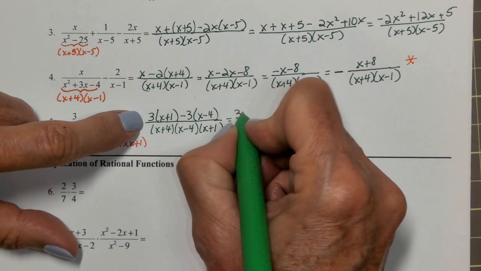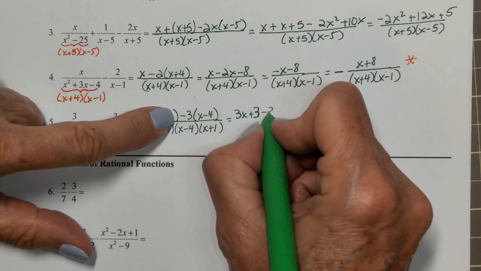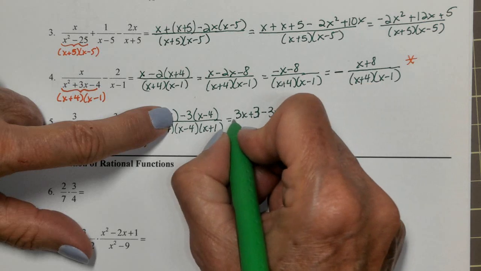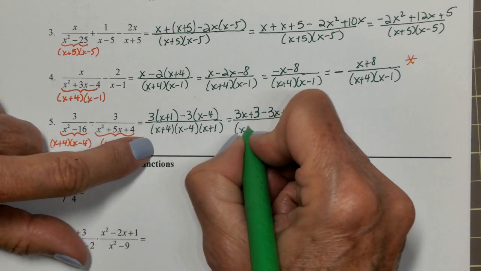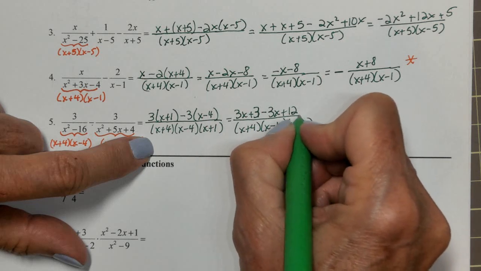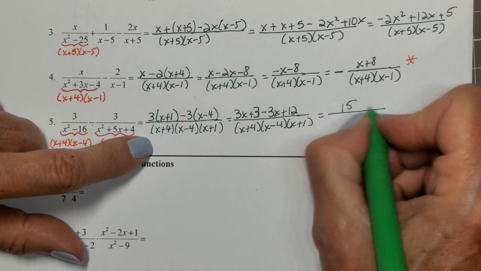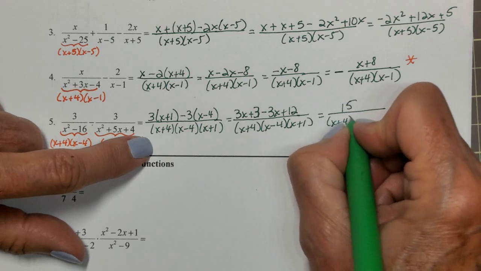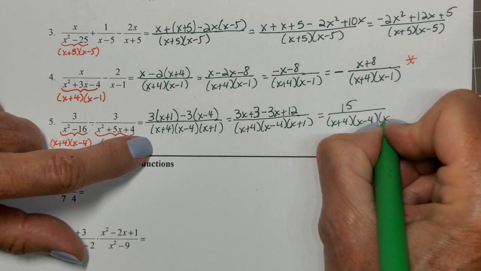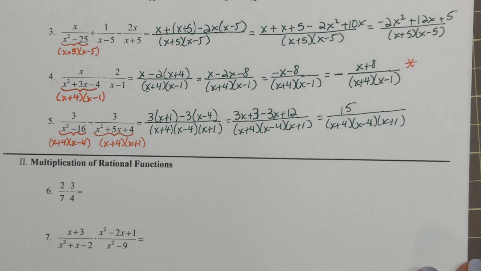So we have 3x plus 3 minus 3x plus 12 divided by that same denominator, which is equal to 15 divided by the same denominator. And that's just an assortment of adding and subtracting rational functions.